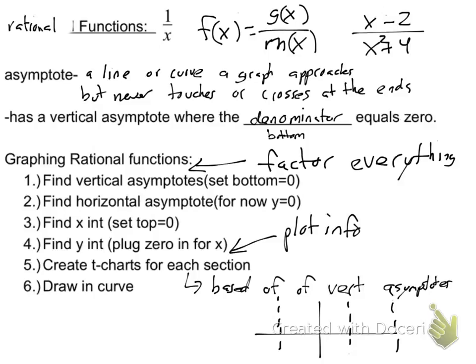I am going to pick x values that are close to the asymptotes and then work your way away. If you're in the middle, pick one kind of close to each side, maybe a point in the middle. Therefore, we can see our asymptotes in action. We're going to approach them. We're not going to cross them or touch them. And then once you have your t-charts filled in, you plot them, you can draw the curves in their places.